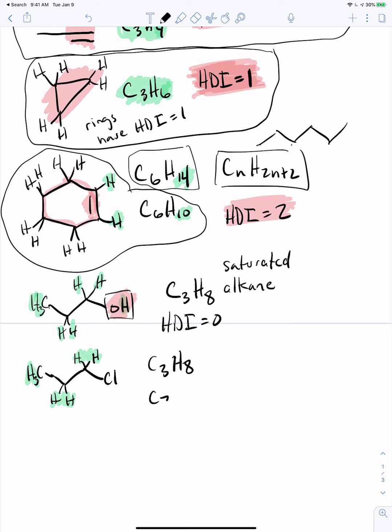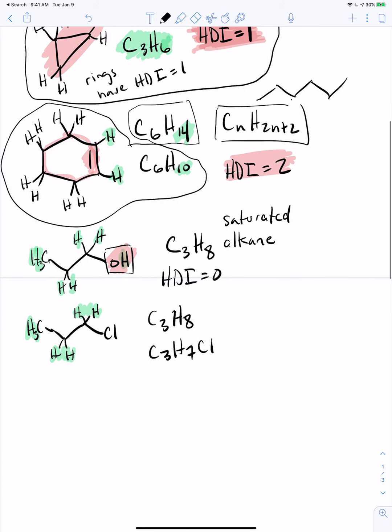So what do I end up with? C3H7Cl. So we still want to say our HDI here is going to be equal to 0. And we just want to treat the halogen as a hydrogen.